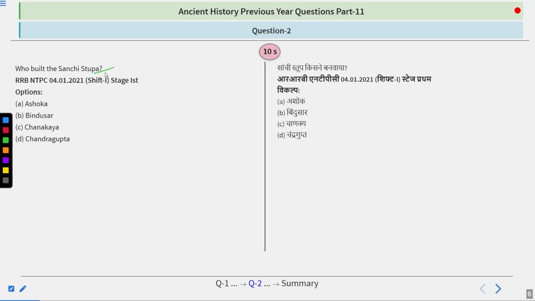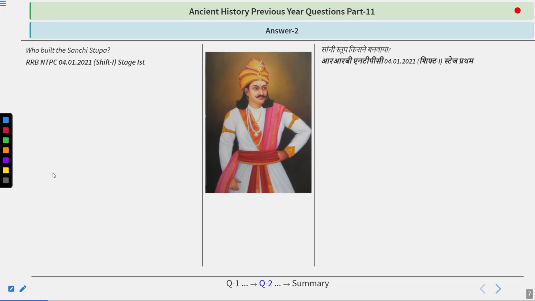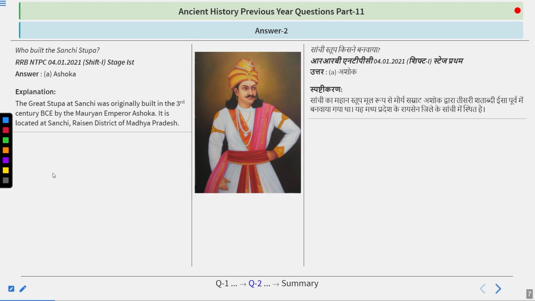Who built Sanchi Stupa? Very simple question. I hope you don't need any time, but take your time and answer this question. I hope the answer you are giving is right. The answer is very simple: Ashok. The Great Stupa at Sanchi was originally built in the 3rd century BCE by the Mauryan Emperor Ashok.